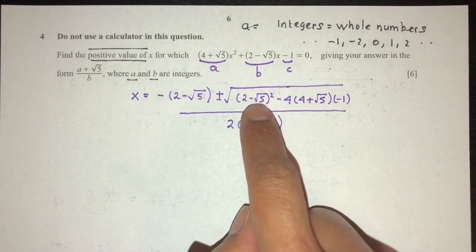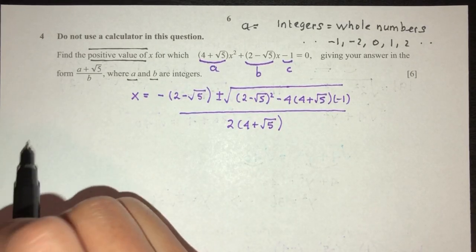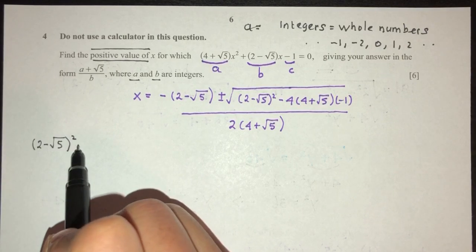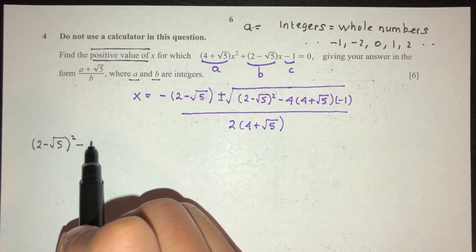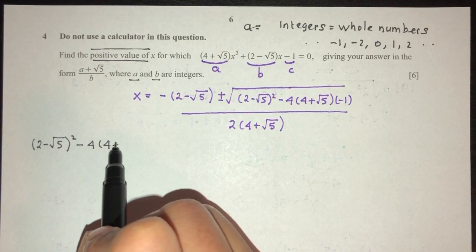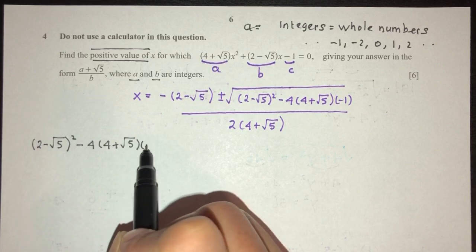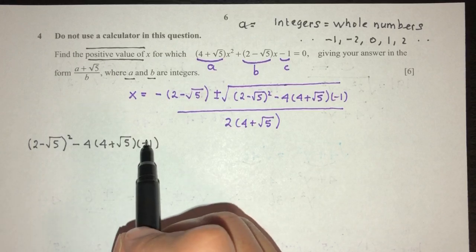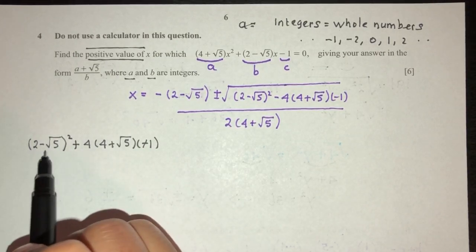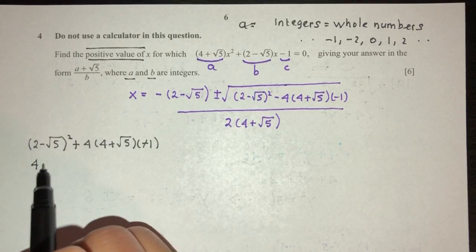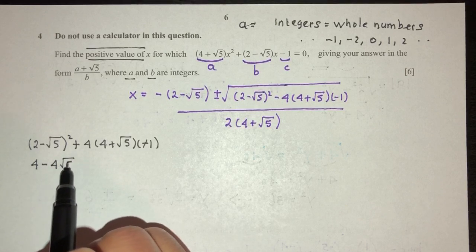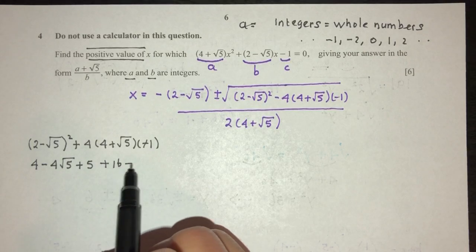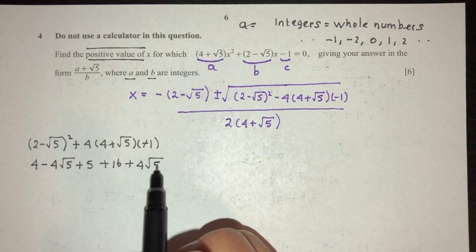So let's simplify the one which is on the inside. Inside we have 2 minus root 5 squared minus 4 times 4 plus root 5 times minus 1. Now we have minus here, times minus becomes plus. Now for this one, if you expand, you will have 4 minus 4 root 5 plus 5. That will be plus 16 plus 4 root 5.